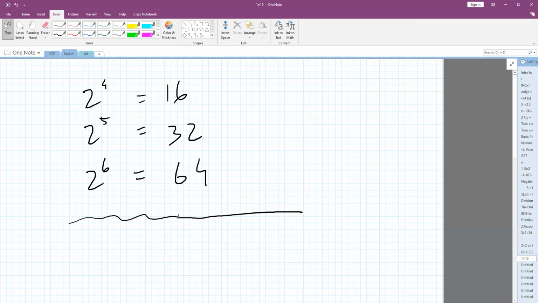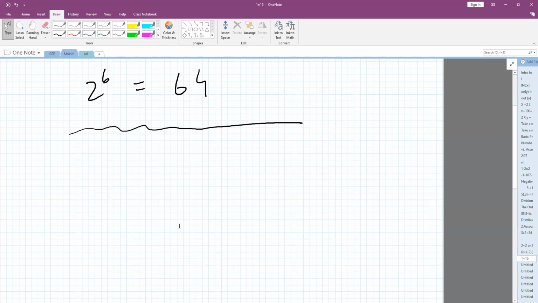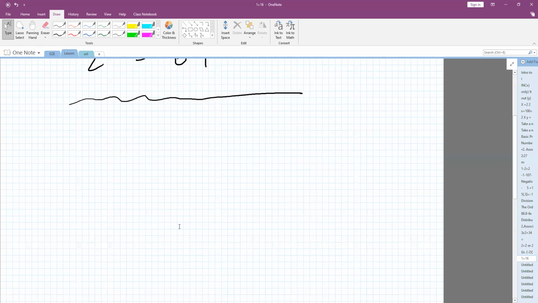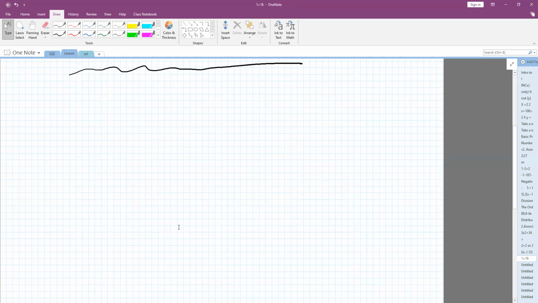For example, if you want to break down a very big number into some multiplication, you can also put some power with the smaller numbers.